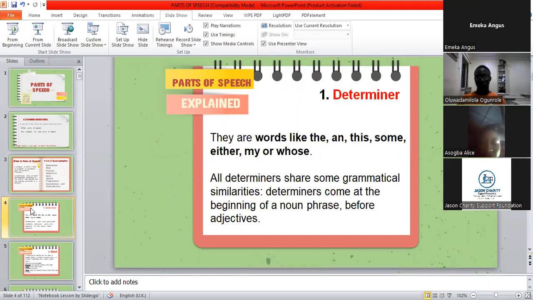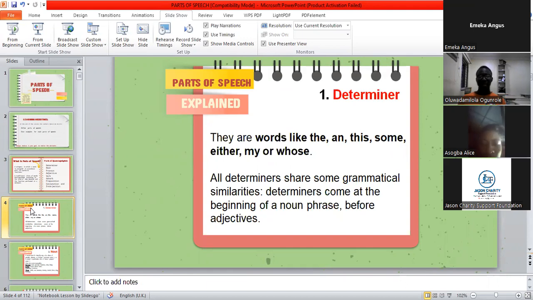Now, the first one we'll be looking at is the determiner. They are words like the, and, this, some, either, my, or whose. Now, all these determiners have the same grammatical similarities. That is, they are used in almost similar syntactic placement or functions.